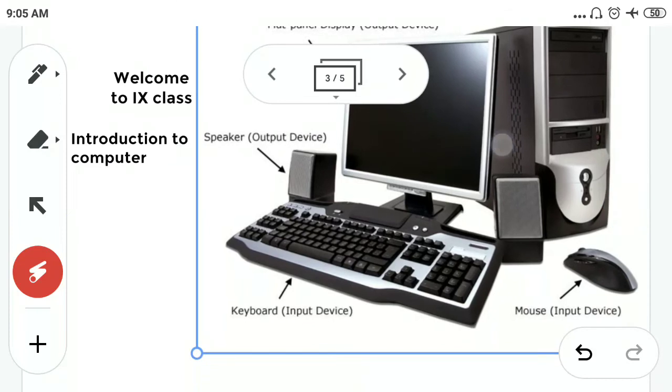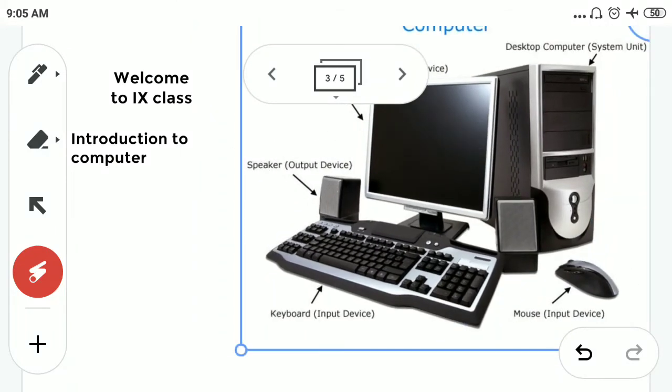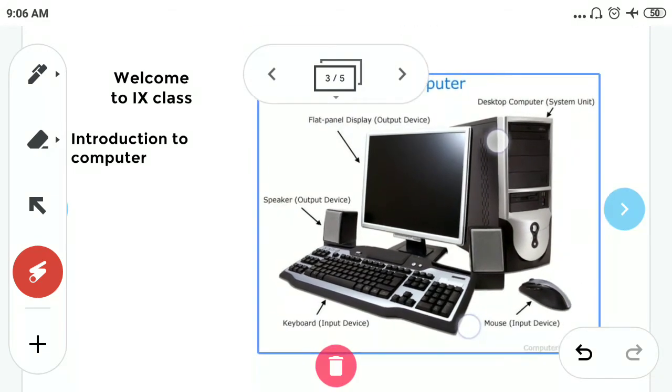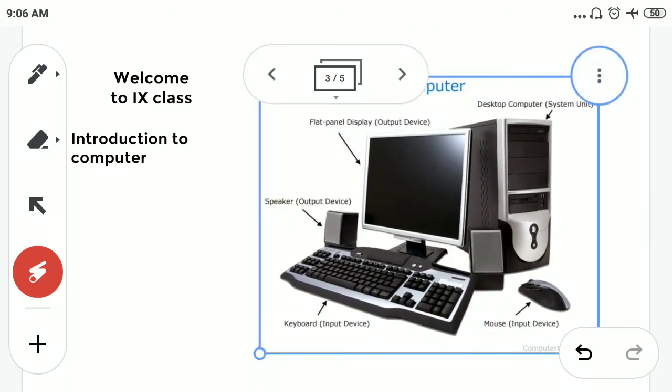To input some instruction or to type some text inside the computer, you use this keyboard. So this is the basic hardware that can be viewed in any computer throughout the world.